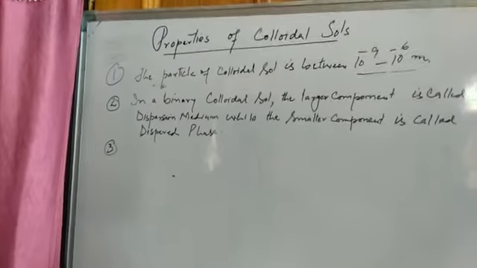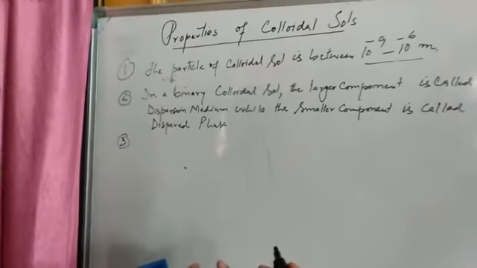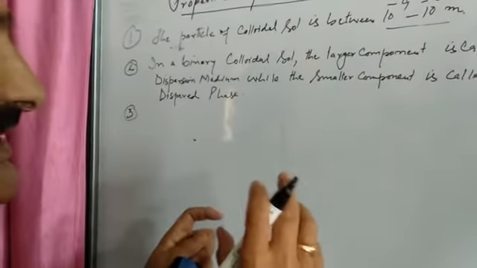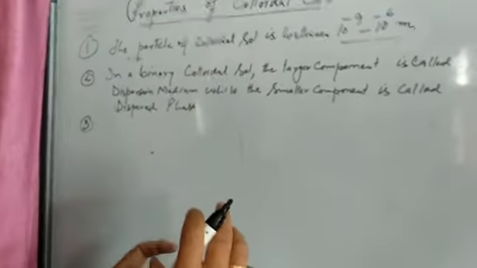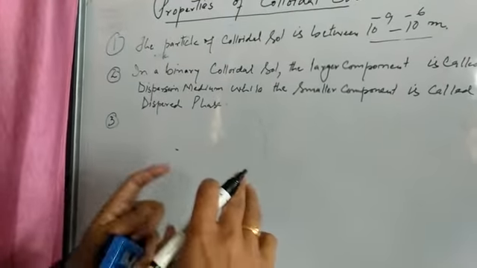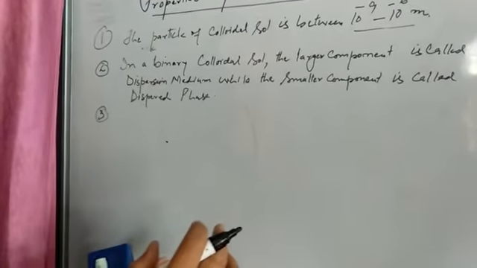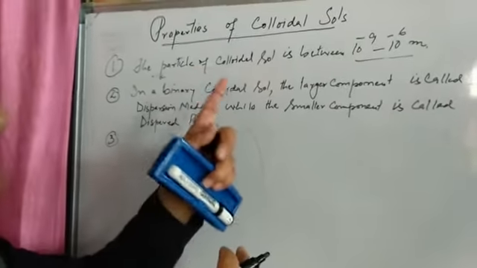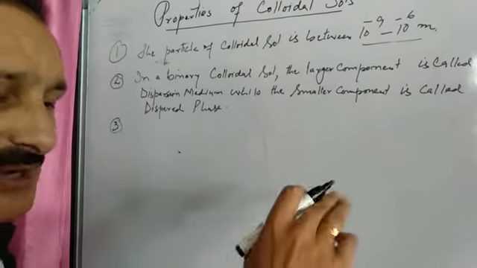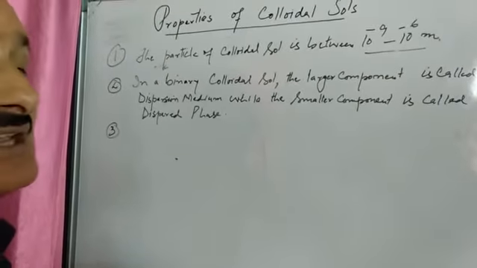Then if we keep a colloidal solution for some time in a container, let us see what happens to it, whether its particles settle down or they don't settle down. So I mean to say their stability. Our colloidal solutions basically do not settle down. Their particles do not settle down, so we can say that they are very stable.